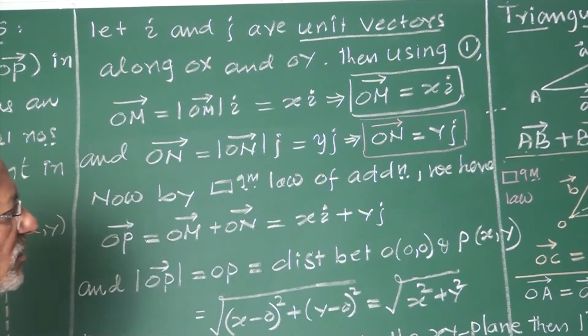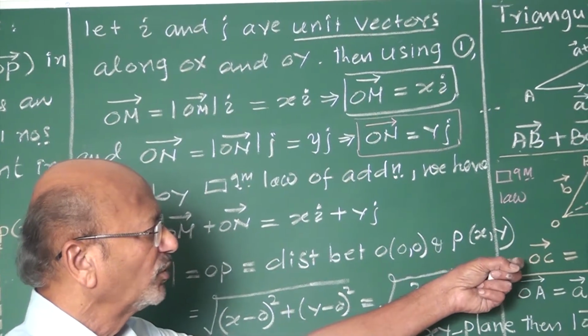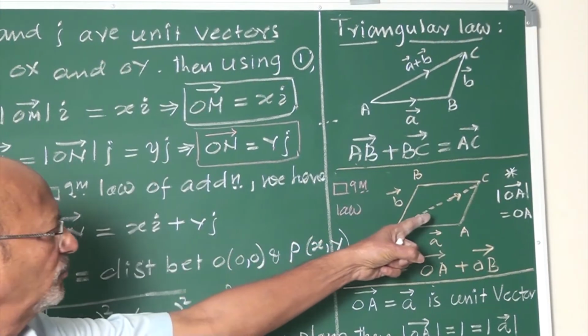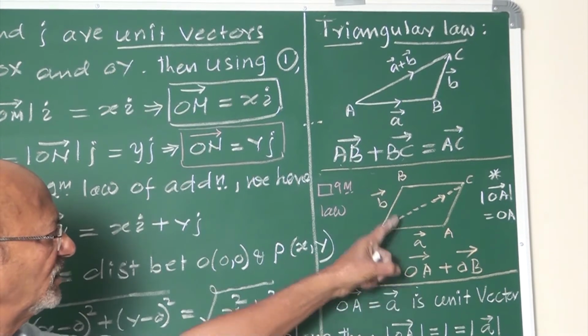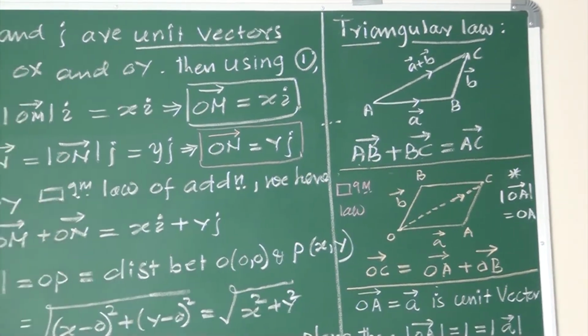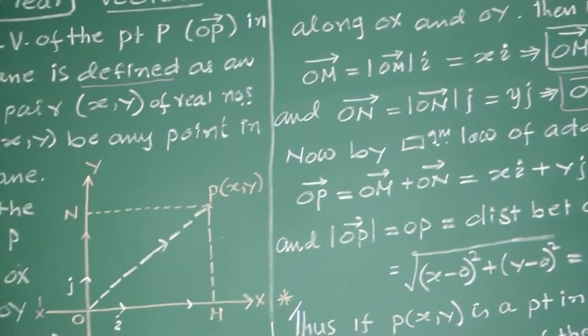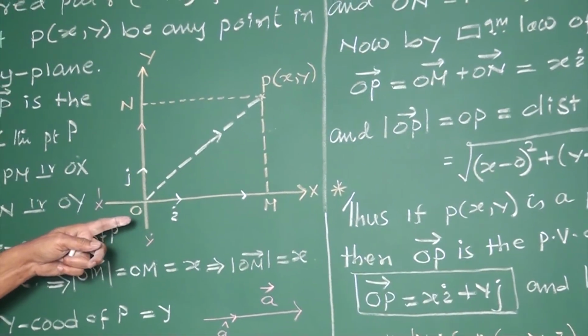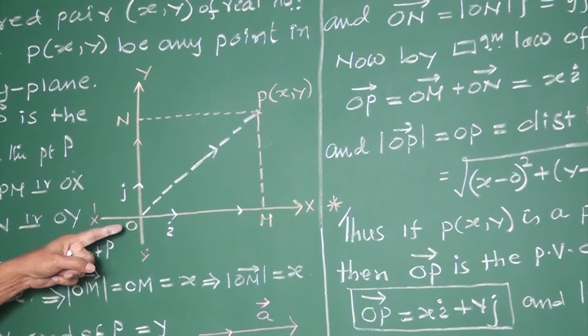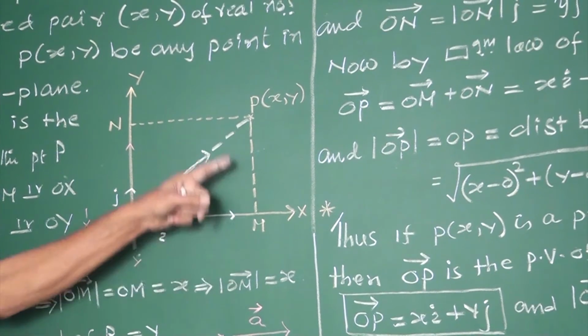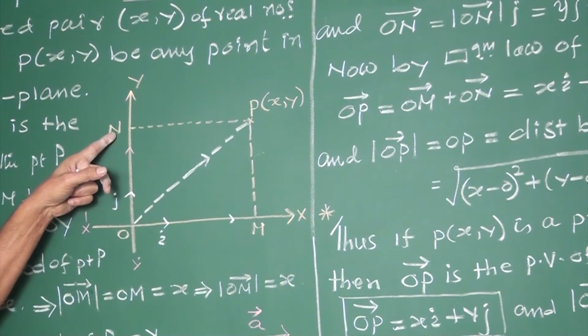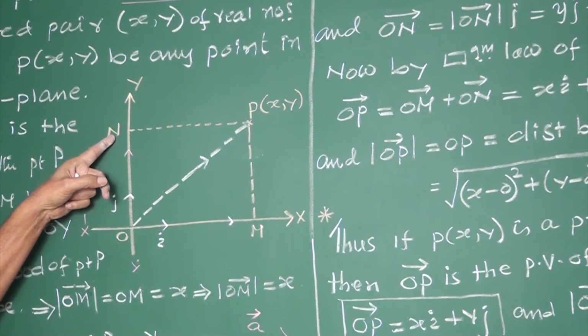Now I use the parallelogram law. Which diagonal? OC equals OA plus OB. Now, by the parallelogram law, which parallelogram? OMPN is a parallelogram.